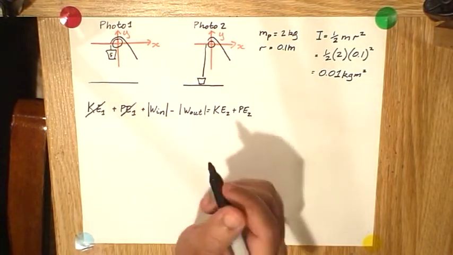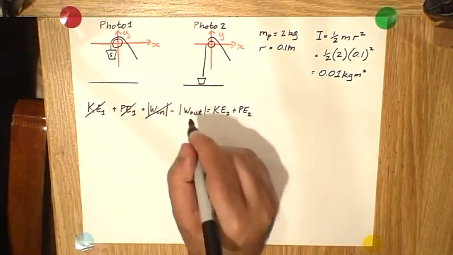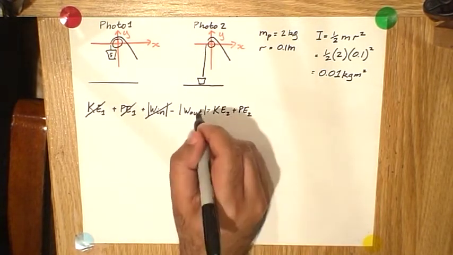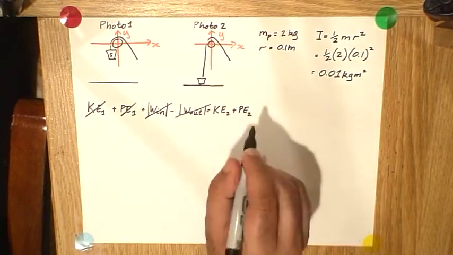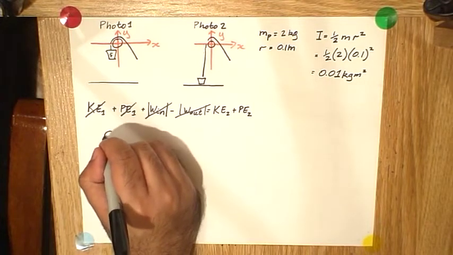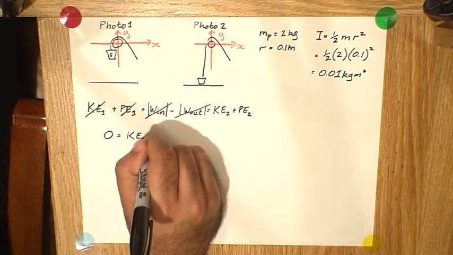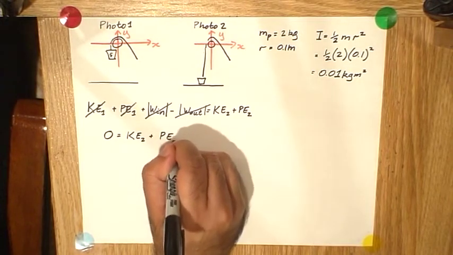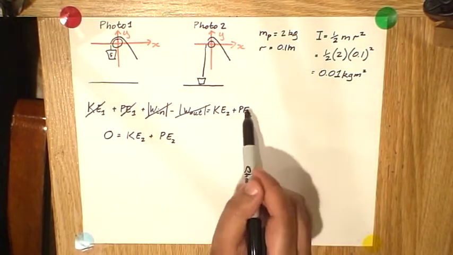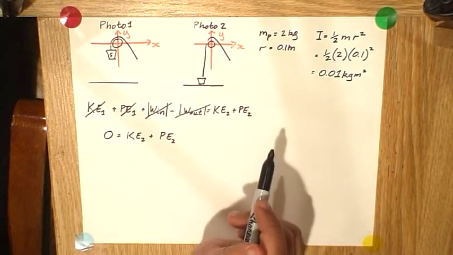Work in. There's no jetpack anywhere in this question, so there's no work in. Work out. There's no friction in this question. There's no work out. Is equal to KE2 plus PE2. So that gives us that 0 is equal to the kinetic energy in photo 2 plus the potential energy in photo 2, remembering of course that PE2 is going to be negative because this bucket is under the x-axis.